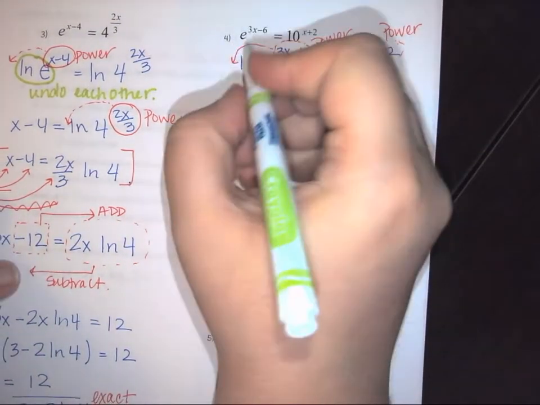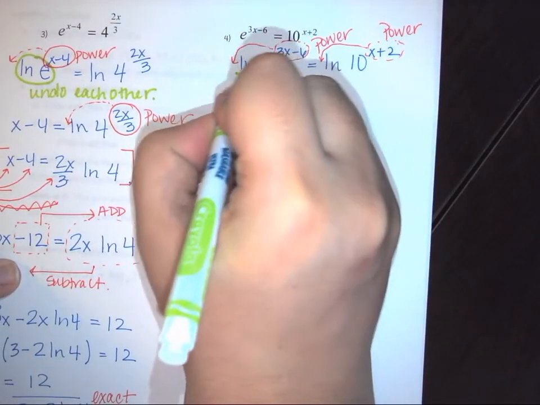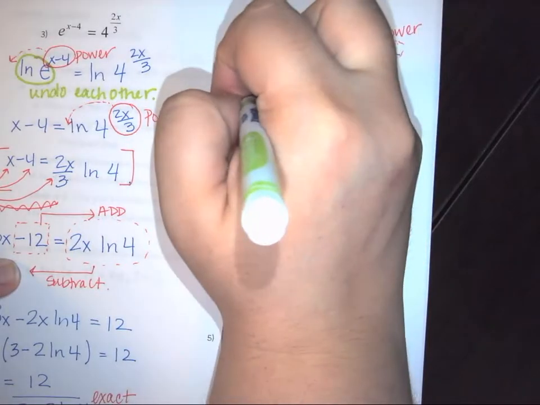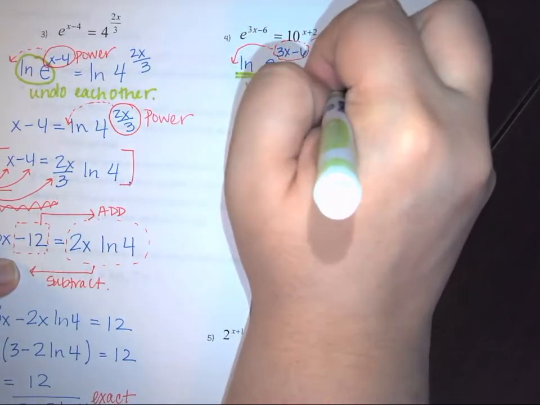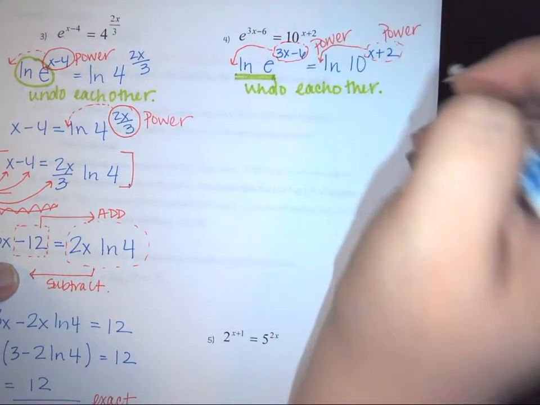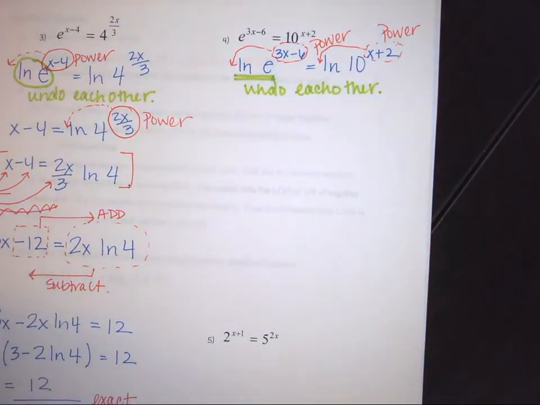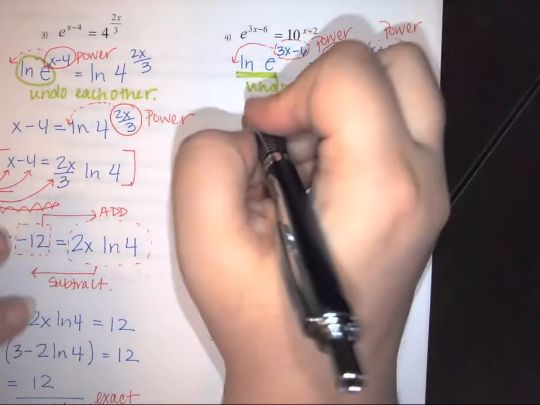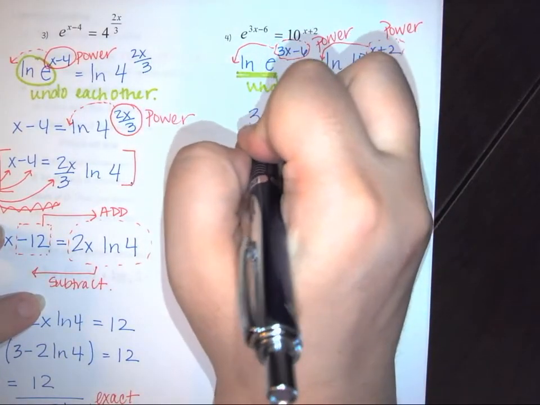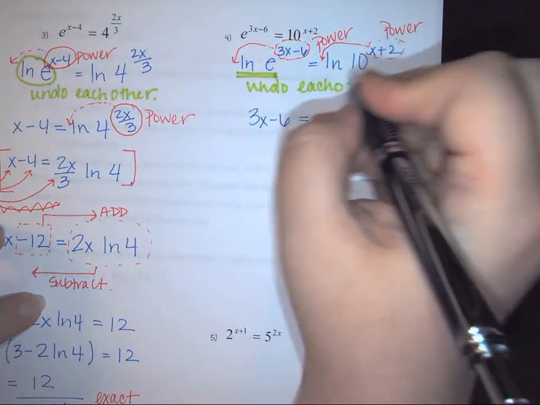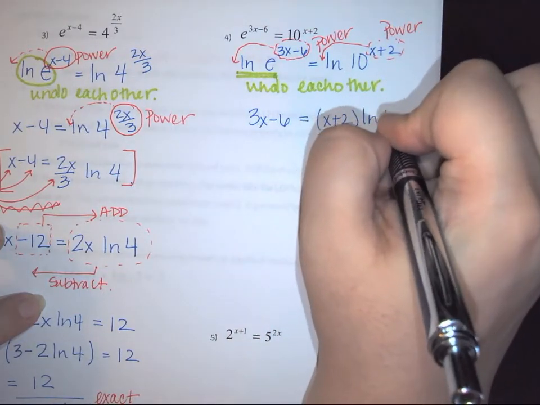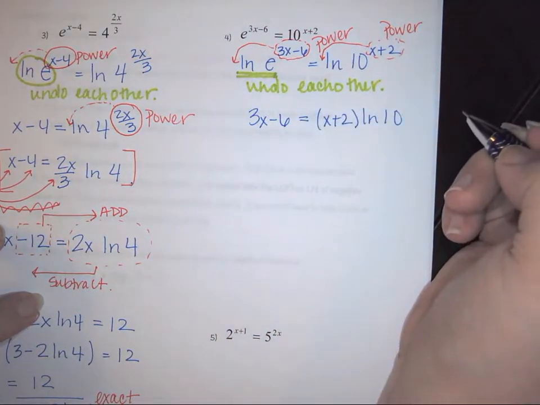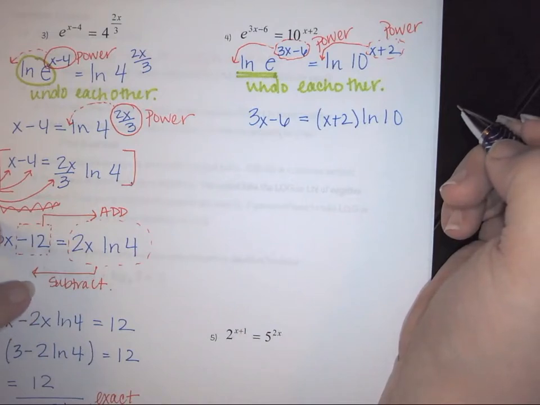And then in this part, natural log of e, again is going to undo each other. Undoing each other says that it's going to go away. Therefore, this leaves me with 3x minus 6 is equal to, I've got my x plus 2 down in front, natural log of 10.